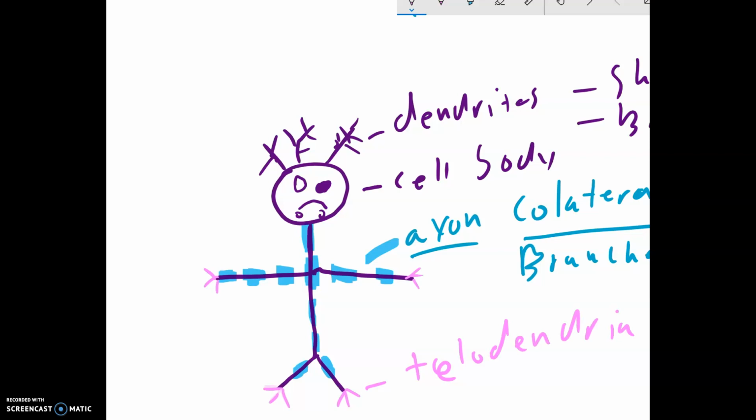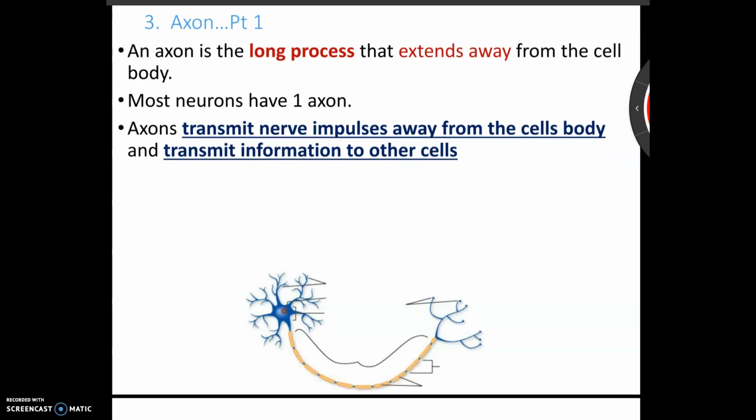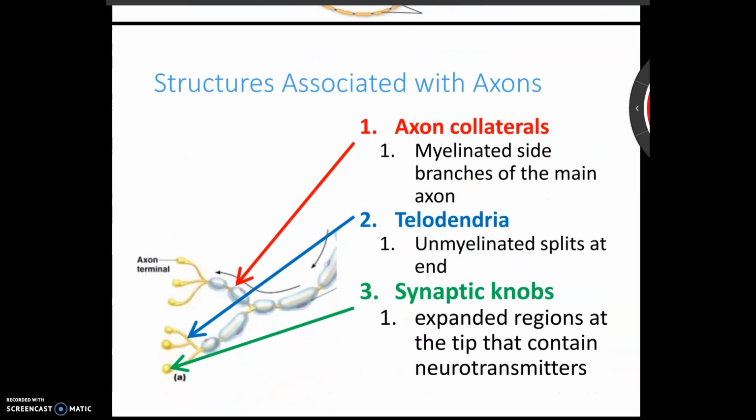Now an axon, telodendria, is at the end, and it branches to all the effectors where it's going. So remember the neuromuscular junction of skeletal muscle had telodendria. So going back here, we have our one axon, which is a long process, and it's going to multiple places and transmitting information. But there's multiple structures associated with it.